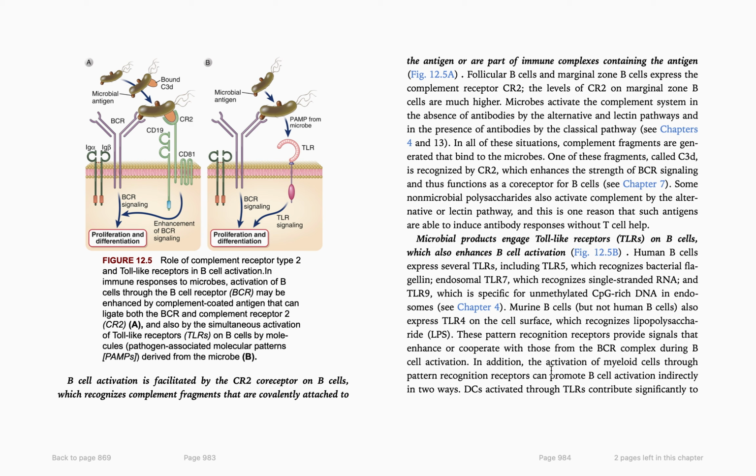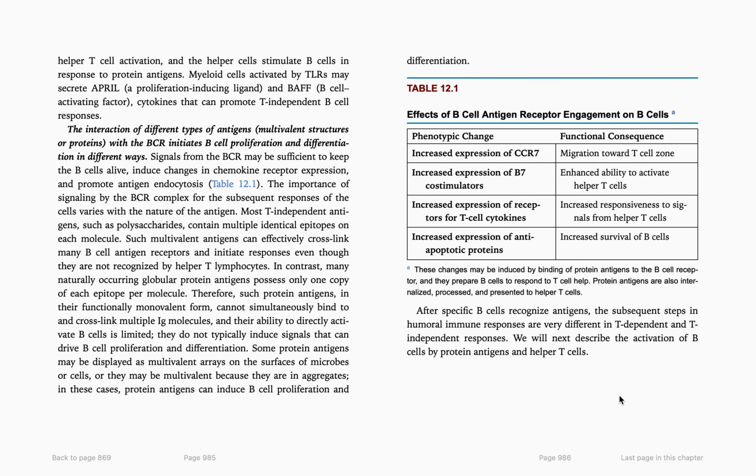These pattern recognition receptors provide signals that enhance or cooperate with those from the B cell receptor complex during B cell activation. In addition, the activation of myeloid cells through pattern recognition receptors can promote B cell activation indirectly in two ways. A dendritic cell activated through the toll-like receptor contributes significantly to helper T cell activation, and the helper cell stimulates B cells in response to protein antigen.